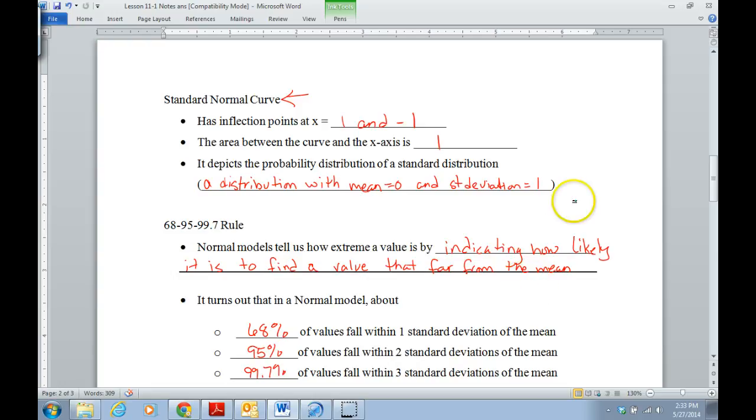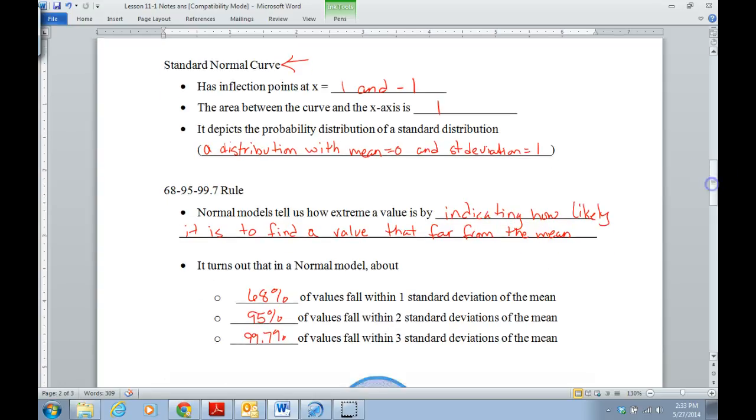So, for example, if the value falls within 1 standard deviation from the mean, then there's a 68% chance it will be there. If it's within 2 standard deviations from the mean, it's a 95% chance. And a 99.7% chance of falling within 3 standard deviations.